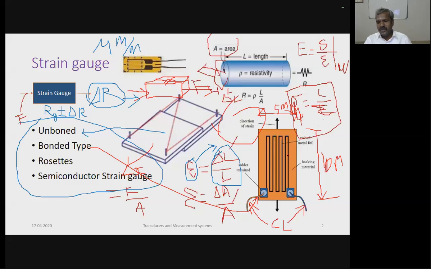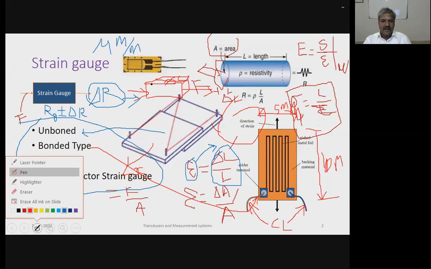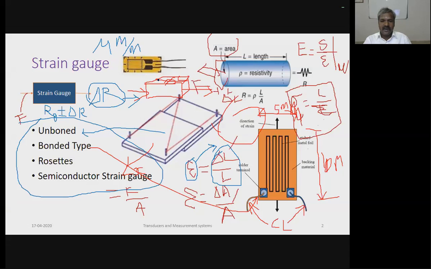So this is a uniaxial sensor. If you bond it here, or in this corner, it won't detect exactly; it couldn't detect the exact strain developed in the membrane. So we should bond exactly at the middle of the membrane.